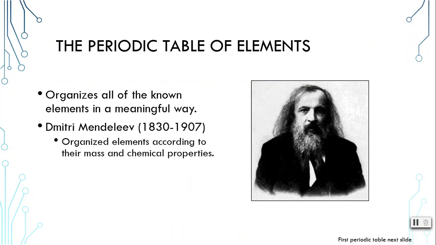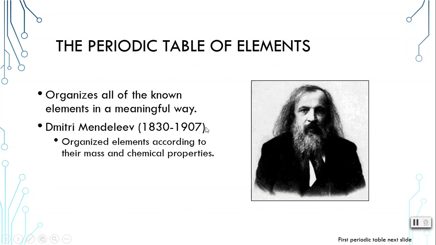But let's talk about how did the periodic table, that beautiful chart that shows all the different elements, natural and man-made, that we know so far, how did that come into play? So actually there are lots of scientists that have helped construct that periodic table, but the one that is the most infamous in constructing what we now see as the periodic table is Dmitry Mendeleev.